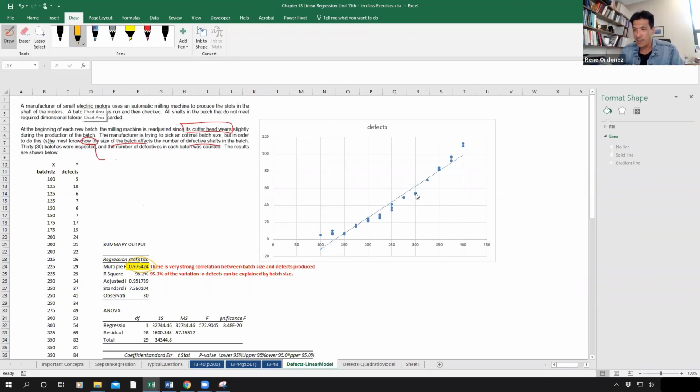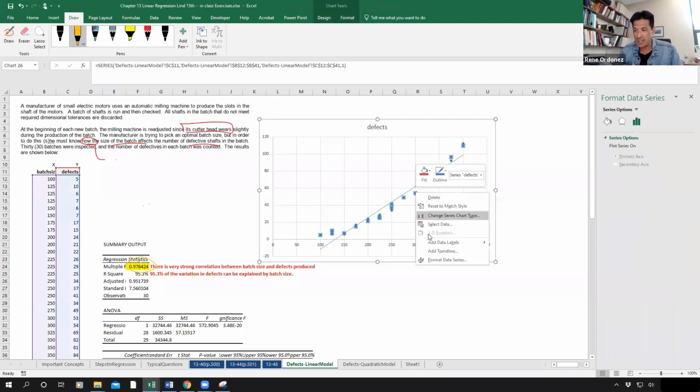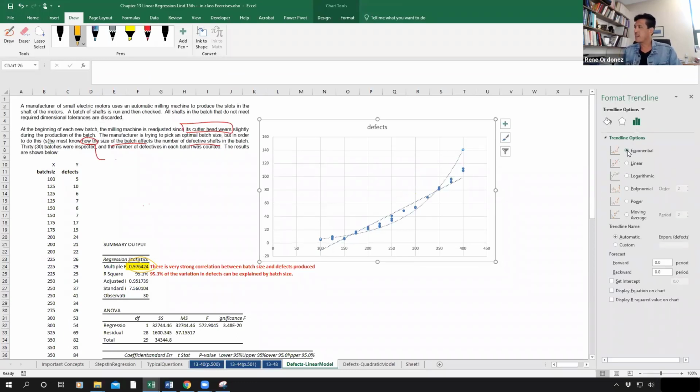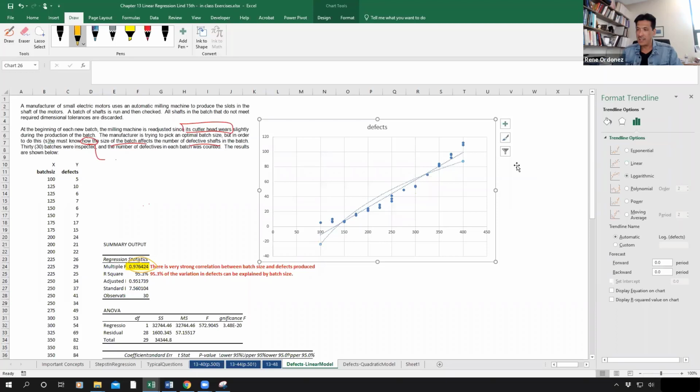Let's superimpose. Let's try different models. Let's see exponential. Does exponential fit? Let me see this. Obviously not, right? How about logarithmic? Let me remove the linear line there.